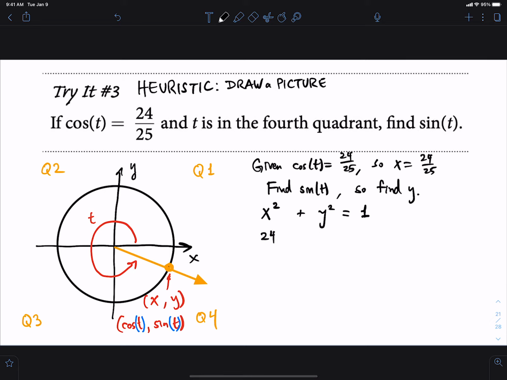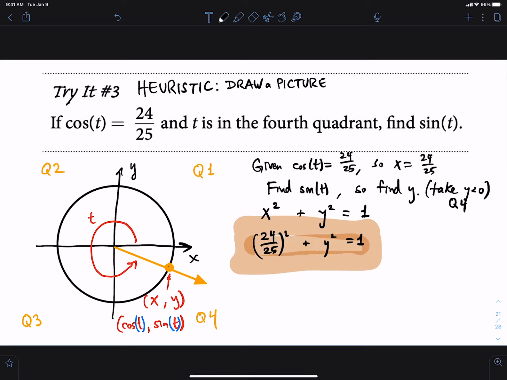And that means 24 over 25 quantity squared plus y squared equals 1. And that's enough to solve for y. You can see that there's going to be a positive solution and a negative solution. We want the negative solution because we're in the fourth quadrant. Okay, so how do we solve this? It's not so bad.